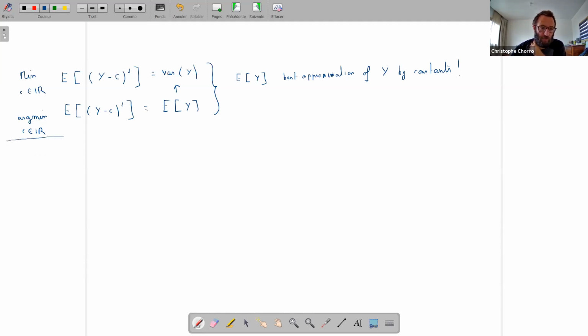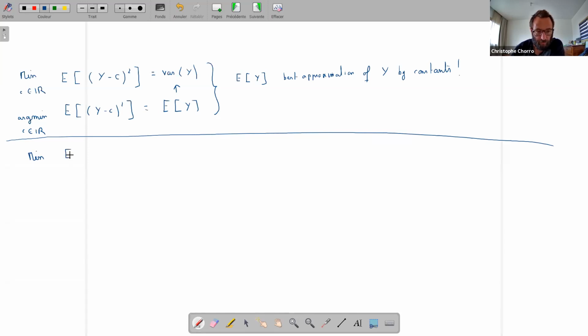Now, what we are going to do is not very far. Here we are going to look for the minimization of the expectation of y minus a function of x, squared. So it's the same quantity, okay, but instead of wanting to minimize with respect to a constant, I replace c by a function of x.